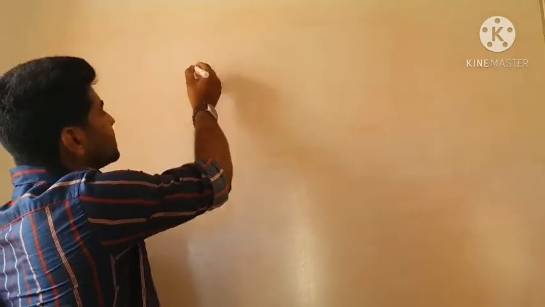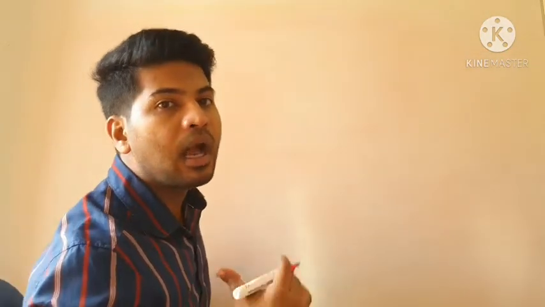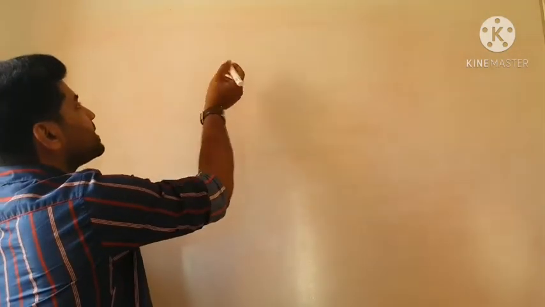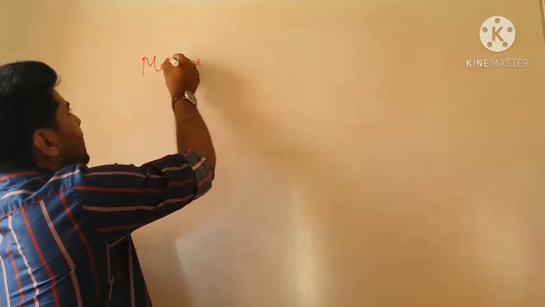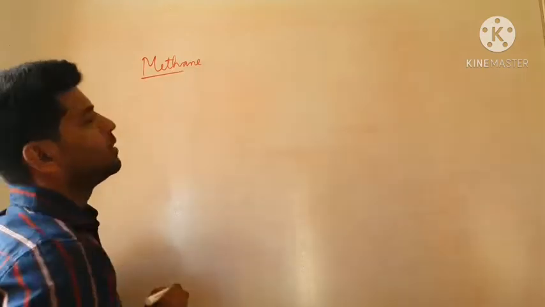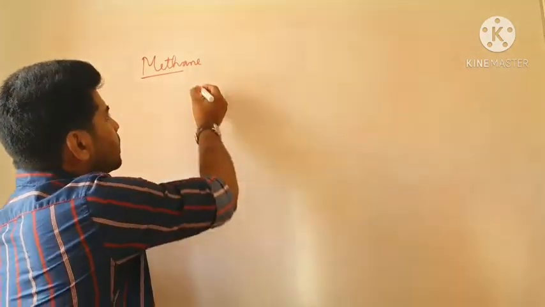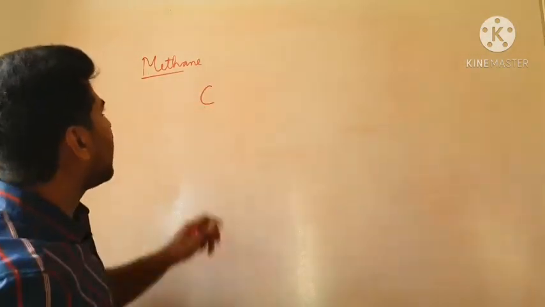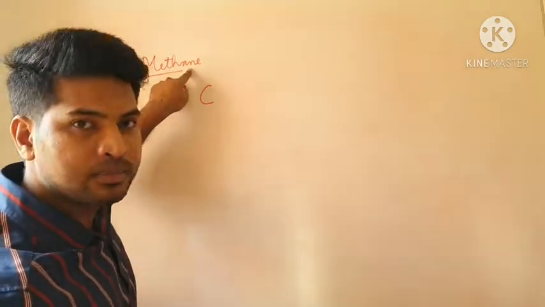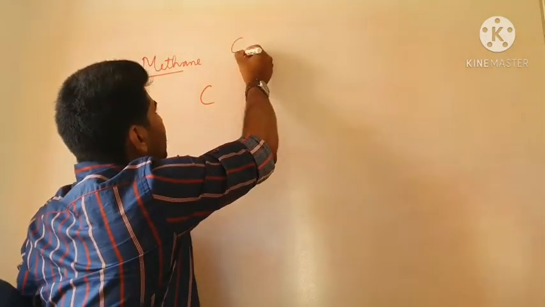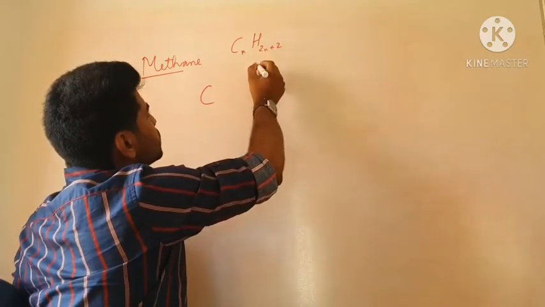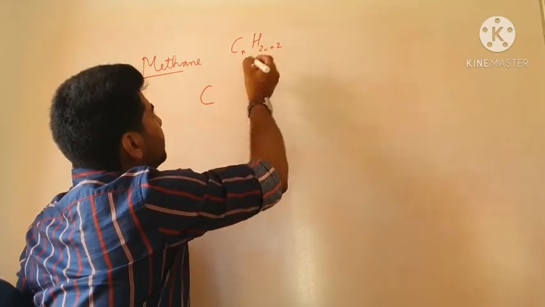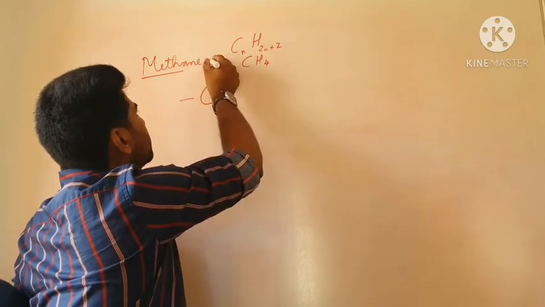Let us say the simplest alkane we have, that is methane. When we say methane, meth means one carbon, so we have one carbon and it is an alkane. The alkane formula is CnH2n plus 2. If n is equal to 1, then the formula will be CH4.